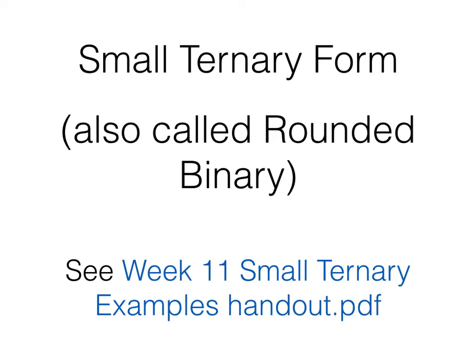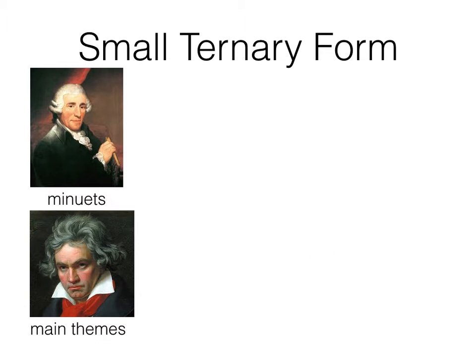So where do we hear small ternary forms? Well, they appear in minuets, say, a minuet by Haydn. Sometimes the main theme from a sonata movement, say a movement by Beethoven, is a small ternary, such as the opening theme of a first movement or the main theme of a slow movement.